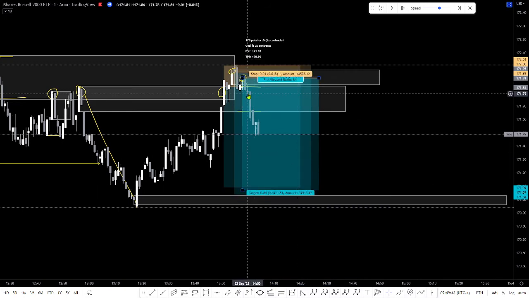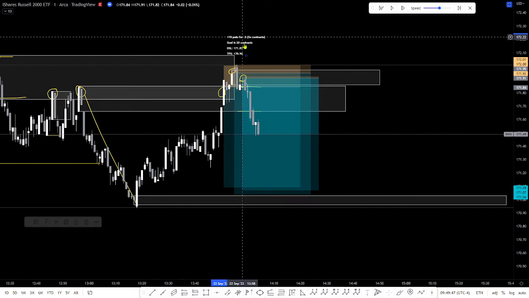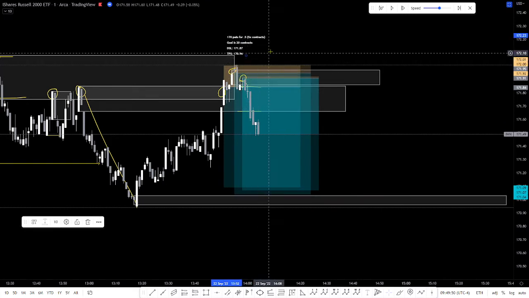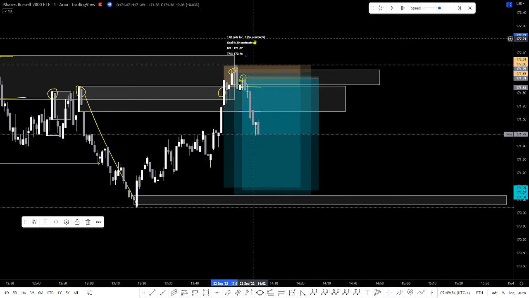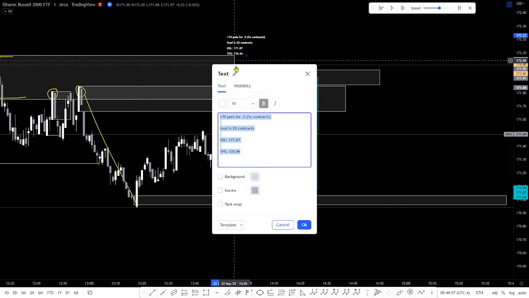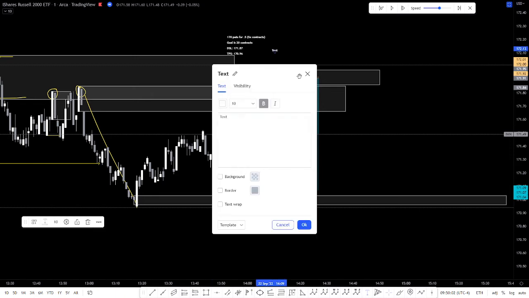But I got 15 contracts, say at 0.5, but because I've been buying at 0.3 and maybe 0.28, my average is now closer to here. I'm just going to create a new text box. So now my average, hypothetically speaking, for the 170 puts is now like 0.42, right?